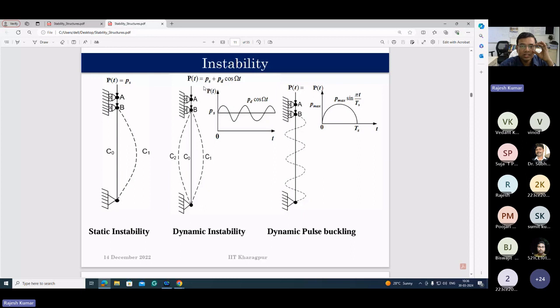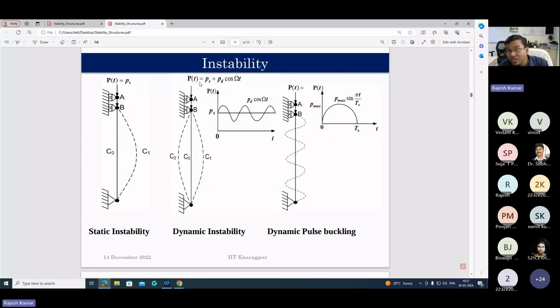Now you see another example. Static instability means your load is static, not time dependent. Dynamic instability means your load is time dependent. Many structures are subjected to time-dependent loads. The second example I have shown you is the Tacoma Narrows Bridge. The Tacoma Narrows Bridge is subjected to wind loads.